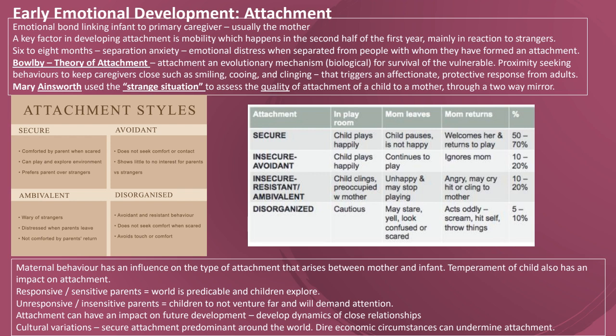Bowlby introduced a theory of attachment, and he basically said that attachment of a child to its primary caregiver is an evolutionary process. It's important for survival. So the child automatically tries to keep people close to it through behaviors such as smiling and cooing and clinging, because that triggers affection and also creates protection.